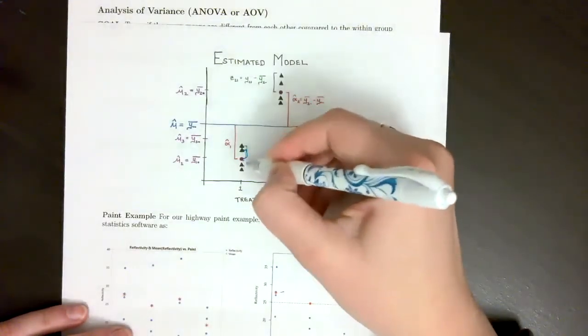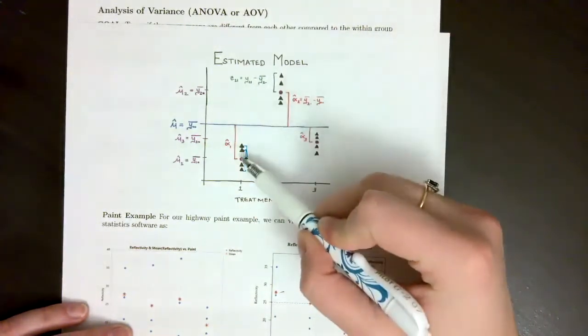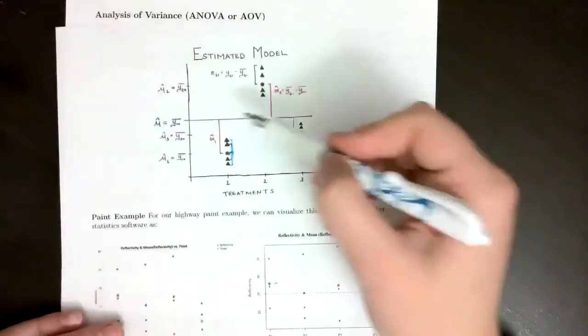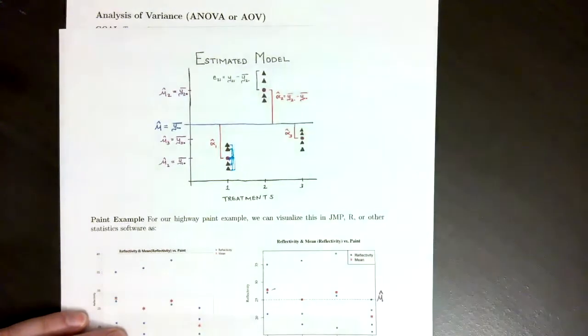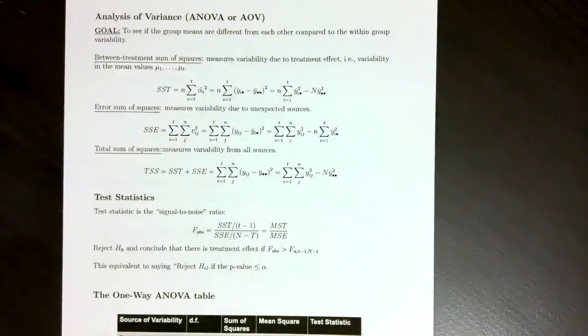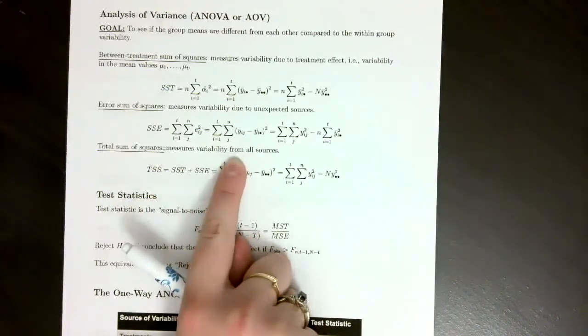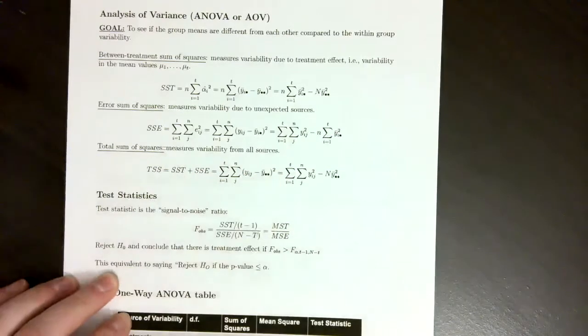How much error is happening here? Sums of squares treatment is looking at the difference between groups. The sums of squared error is looking at the variability within the group. And then the total sums of squares just measures the variability from all the sources. So this is an additive property.